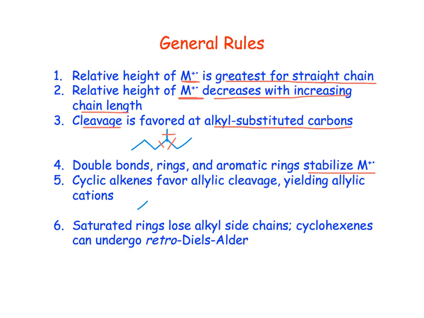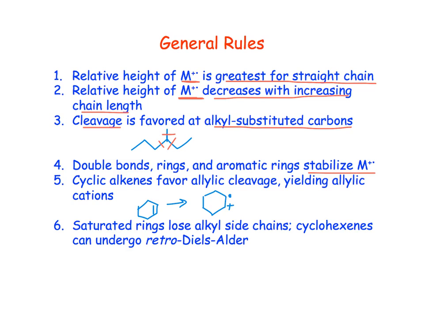Okay. If we have cyclic alkenes, if we had a cyclic alkene like this and it were to ionize, it would ionize on the pi bond, and we could draw it then with a radical on one side and a cation on the other.